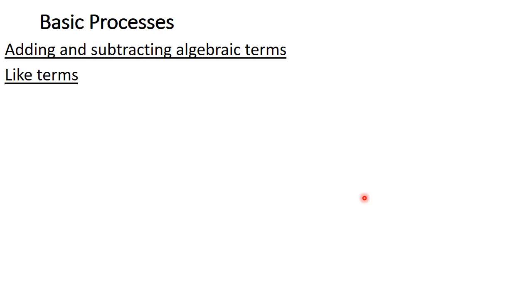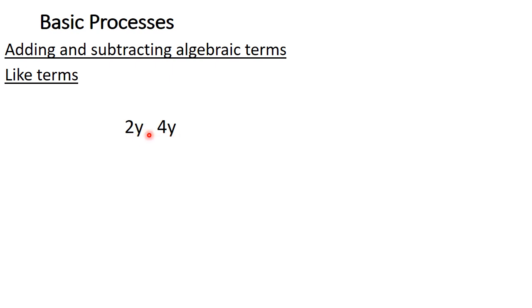So let's start adding and subtracting algebraic terms. To add and subtract algebraic terms, you need to know about what are called like terms. Like terms are terms with the same variables. The coefficients can be different, but the variables should be the same. Our variable here is y, and our variable here is y.